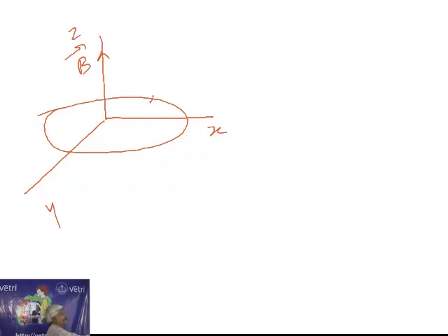Suppose I take a charged particle P in the xz direction. What happened? It experiences a force along a circular path. The force direction is inward. If I take it here also, this also has a force towards the center. So if I have position R, here also take a force towards the center, centripetal force.